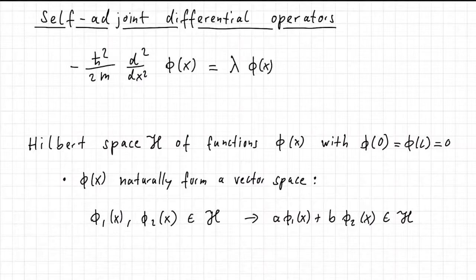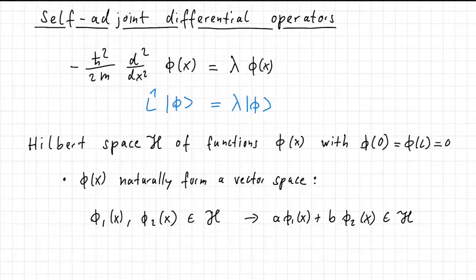So if I identify the function phi with some state vector phi, and I consider this derivative here as an operator acting on that function, what we have here is one-to-one an eigenvalue equation of an operator acting in a Hilbert space.